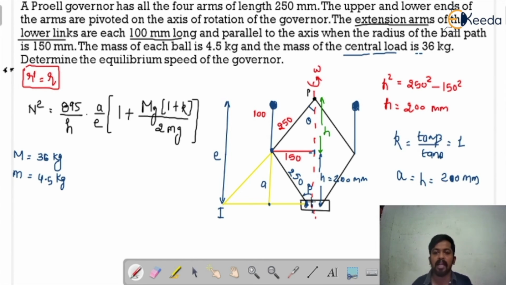So we can assume that this is attached to the axis of the governor, because nothing is mentioned in the question. Nothing is mentioned about this length and the difference, so unless and until it is given, we can assume that this length is pivoted, connected to the sleeve at the center, at the axis of the governor.